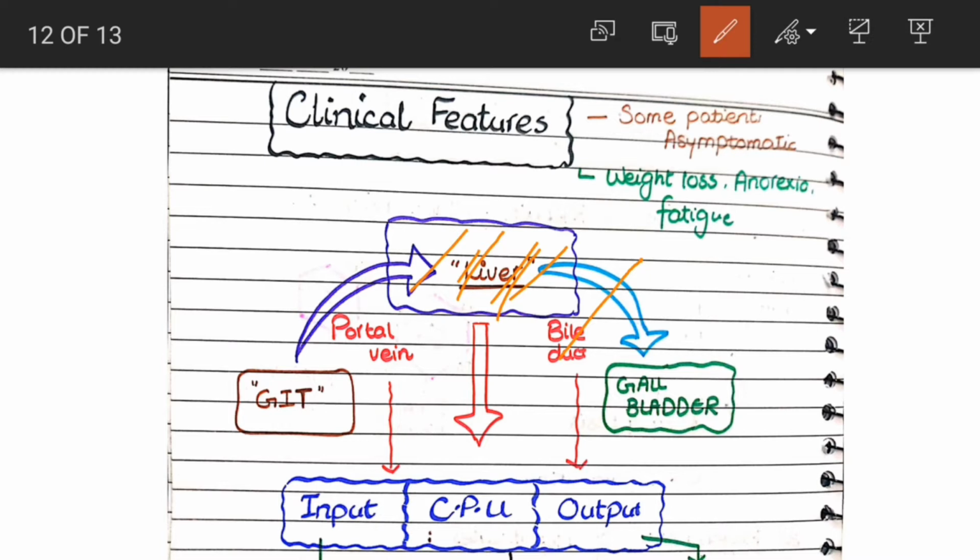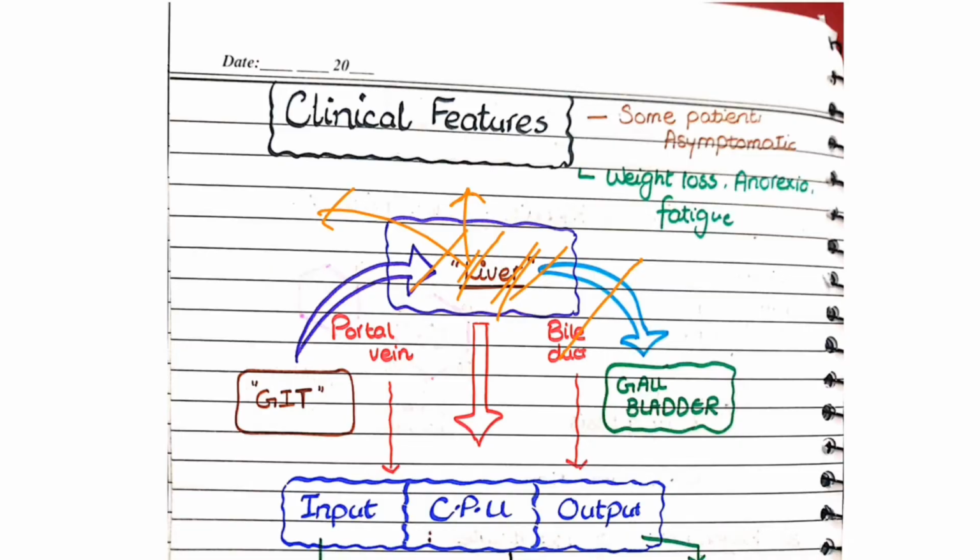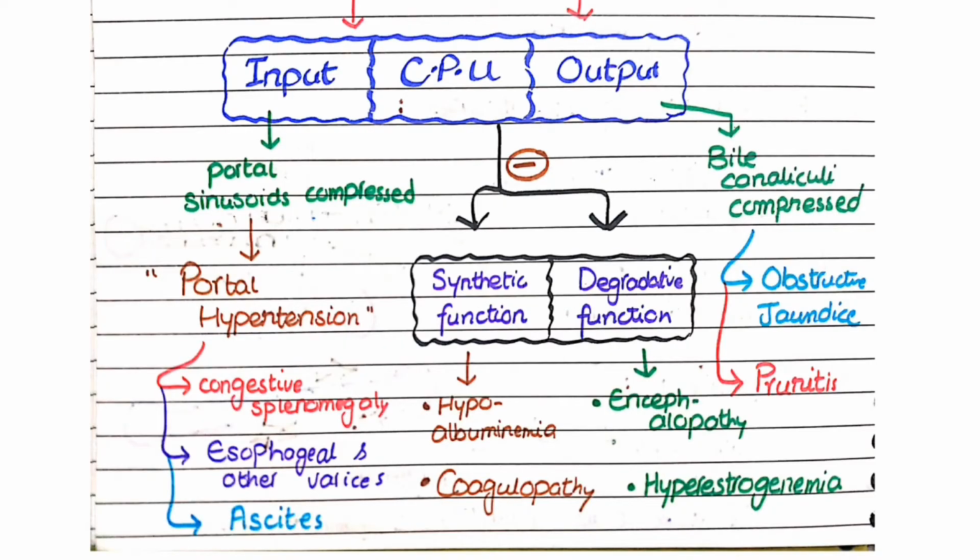Now when bilirubin, bile salts or bile acids are not allowed to enter into the gallbladder, they regurgitate into the blood. This regurgitation of bilirubin in the blood causes yellowness of the skin and sclera, or yellowness of the body, that is known as obstructive jaundice. So due to the compression of these bile canaliculi, you will see obstructive jaundice.